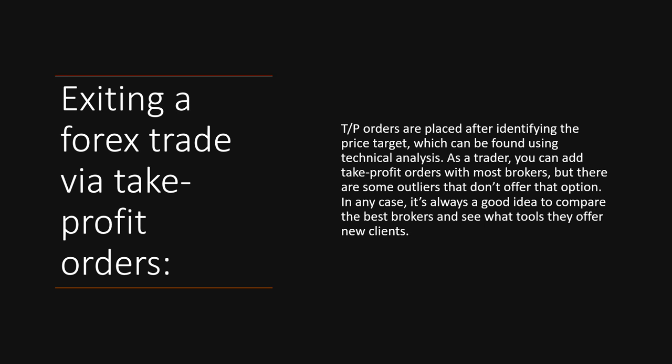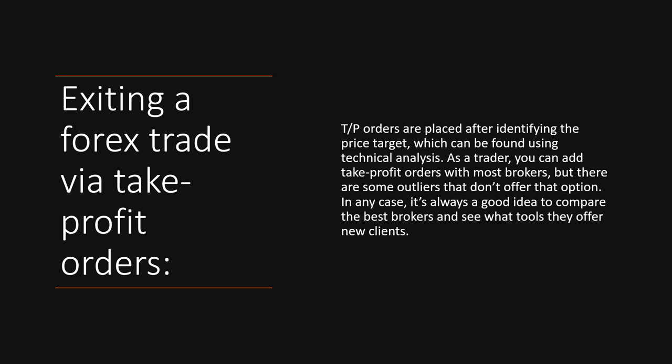Take profit orders are placed after identifying the price target, which can be found using technical analysis. As a trader, you can add take profit orders with most brokers, but there are some outliers that don't offer this option. Be careful. If you're dealing with a broker who doesn't offer you multiple order entry and order exit strategies, you need to find a new broker.